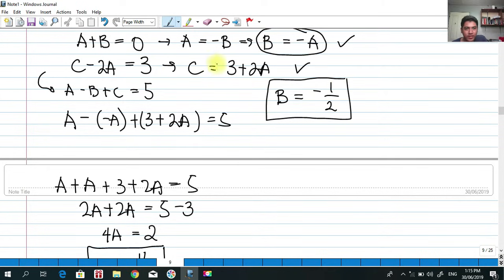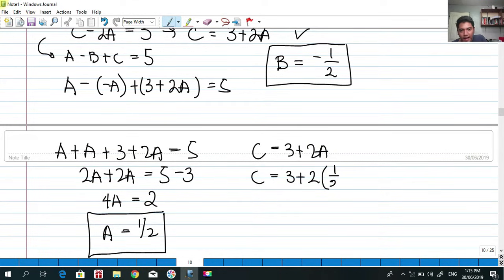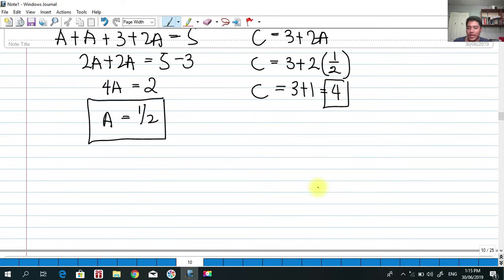We can use this equation. c is equal to 3 plus 2a. So c now will become 3 plus 2 times 1/2. Twice 1/2 is equal to 1, so 3 plus 1 is equal to 4. So we now get the values of a, b, and c.